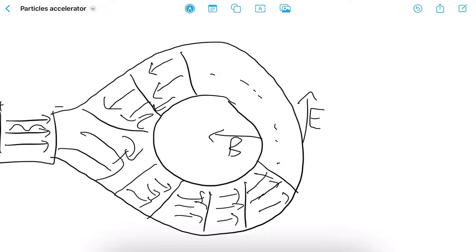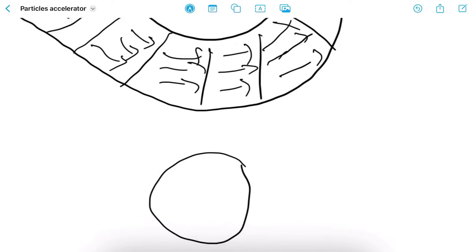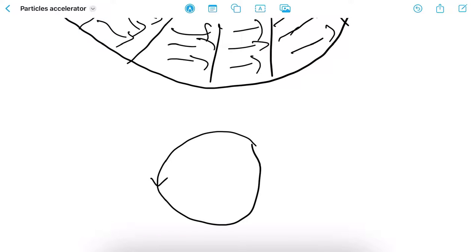And the magnetic field, if you remember, in a circular loop of current, there are electrons traveling along this circular path, and moving charges produce a magnetic field which wraps around it.